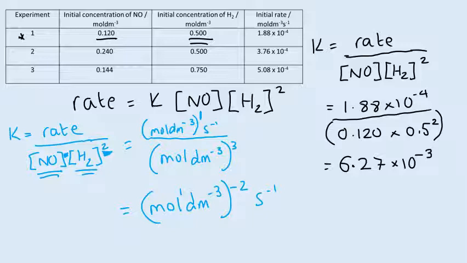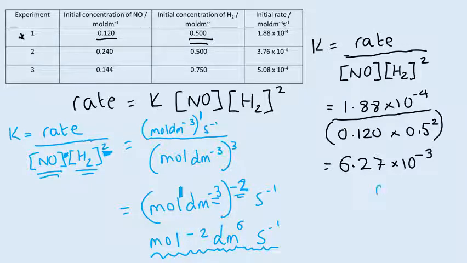Mole to the 1 times minus 2, so that becomes mole minus 2, because 1 times minus 2 equals minus 2. Then dm to the minus 3 times minus 2 is plus 6. So my units are mole minus 2 dm6 s minus 1.